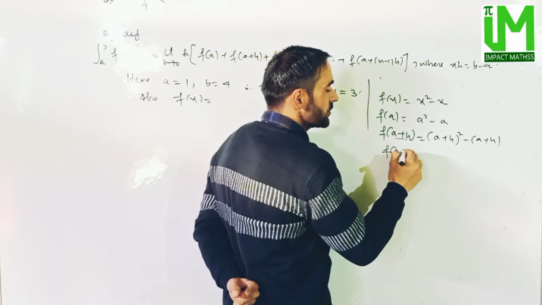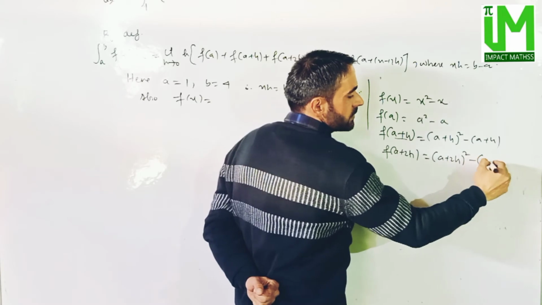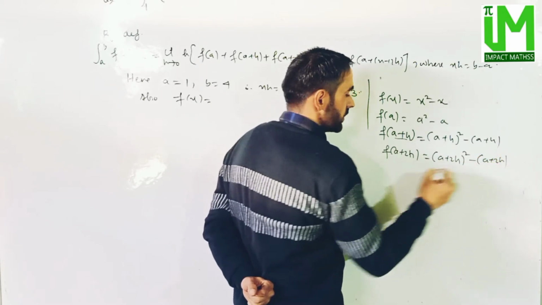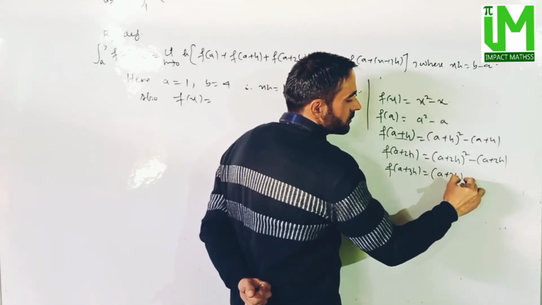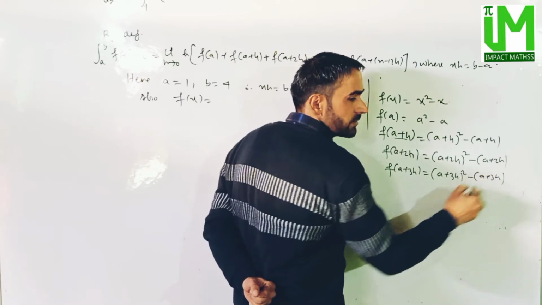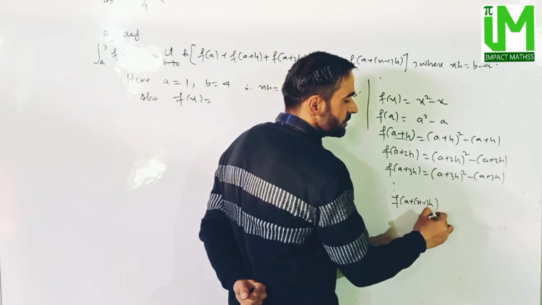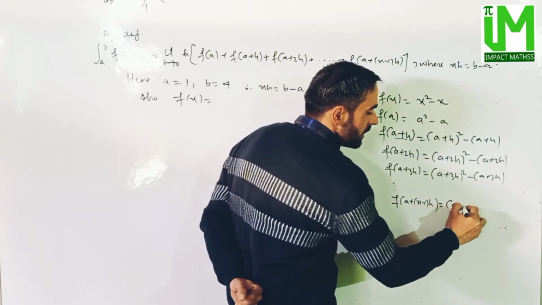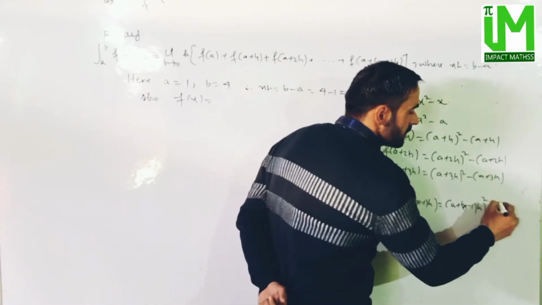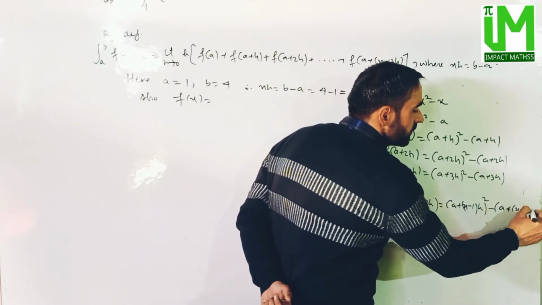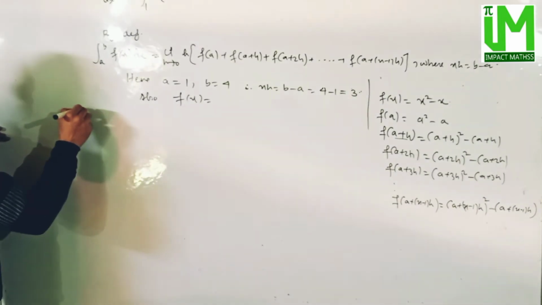Then f of a plus 2h is a plus 2h whole square minus a plus 2h, f of a plus 3h is a plus 3h whole square minus a plus 3h. The last term is f of a plus n minus 1 into h, a plus n minus 1 into h whole square minus a plus n minus 1 into h. Simply replace the values.